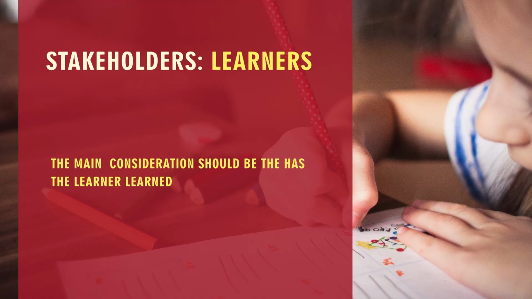How these are provided, and in which sequence, has to be decided, designed and implemented by the teachers. The main consideration should be: is the objective achieved? Has the learner learned after we have taught them, after we have facilitated their learning? That should be the main point.